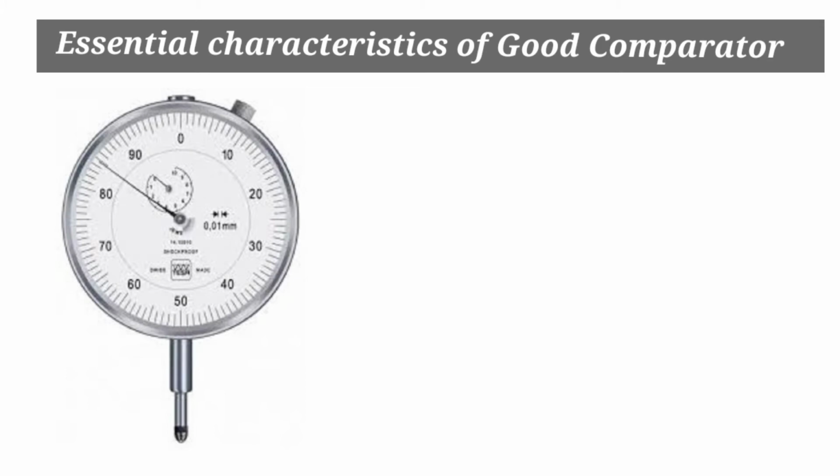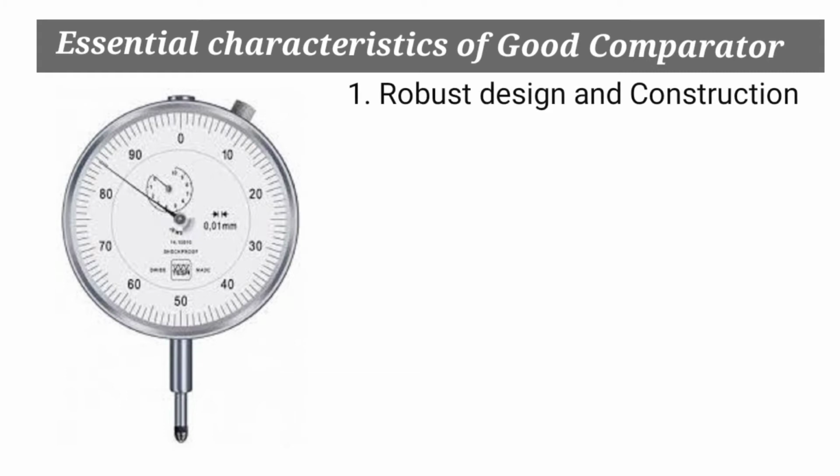The essential characteristics of a good comparator. The design and construction of the comparator should be robust so that it can withstand the effects of ordinary use without affecting its measuring accuracy.